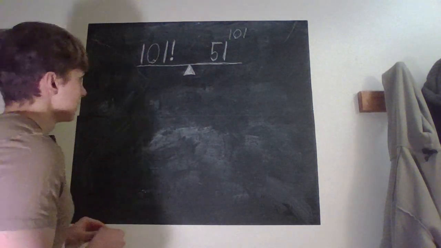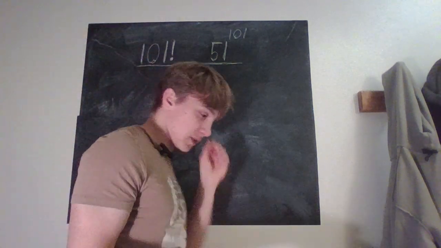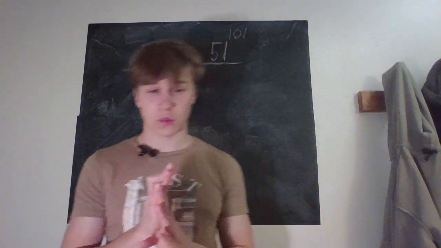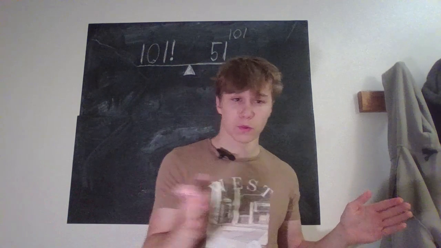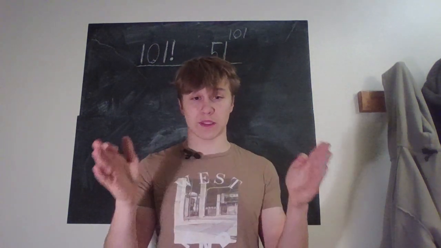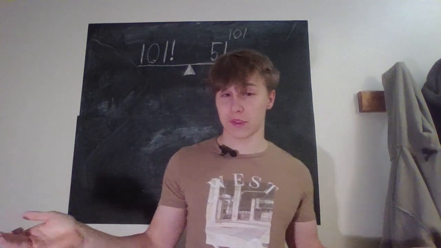So how do we do this? Okay, 51 is in the middle of 101, so maybe instead of seeing 101 factorial as a row like that, we split it into everything going outwards from 51.